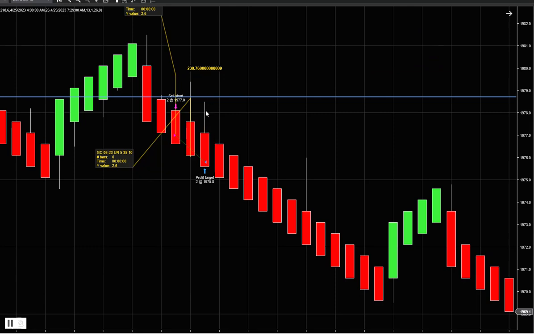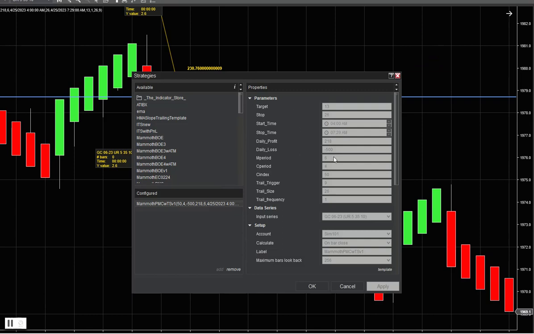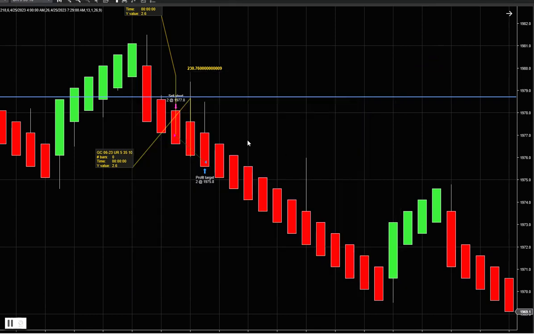Normally, the leg we have today, because we have 2 legs, is not common, but you see. If you hit right here, the trailing stop, you'll have a 17 tick loss in the trade. If it happened like that, the strategy would probably look for another trade.